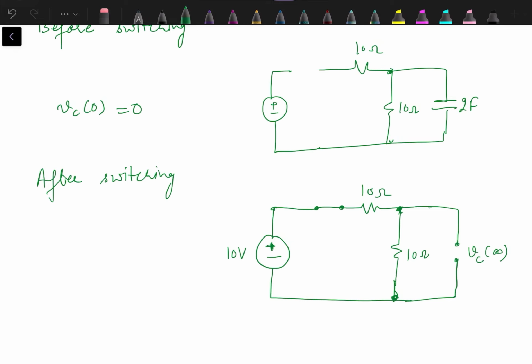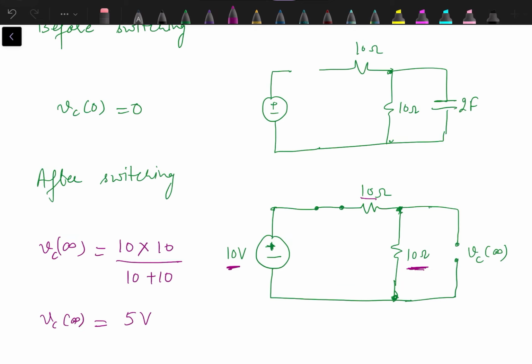So we can calculate the voltage across this 10 ohm resistance by the voltage division rule, and Vc infinity will be equal to 10 into 10, supply voltage into the resistance across which we are finding the voltage, and in the denominator we have the sum of two resistances, so it is actually 5 volts, Vc infinity.